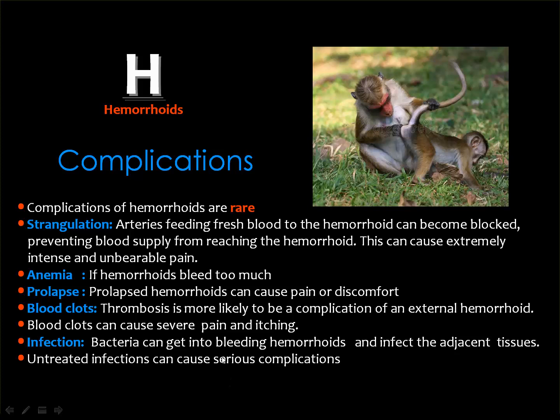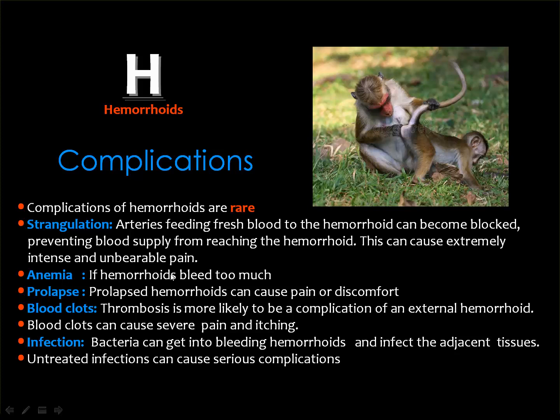There are some complications of hemorrhoids, and these complications are rare, including strangulation, as if the arteries supplying fresh blood to the hemorrhoids may become blocked or thrombosed, and this may cause extremely intense, unbearable pain.